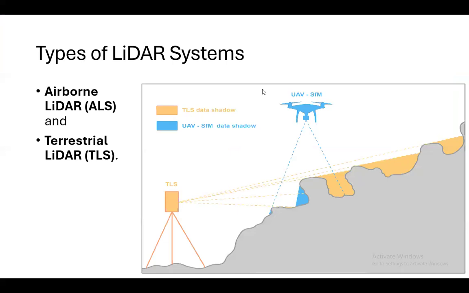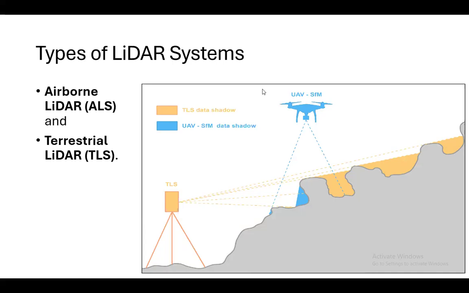So there are two types of LiDAR system. One is airborne LiDAR, and the second one is terrestrial LiDAR. Airborne means something which is flying above the surface and capturing the data, like a UAV or drone. And terrestrial LiDAR means something mounted on a tripod or any station on the ground, on the surface.